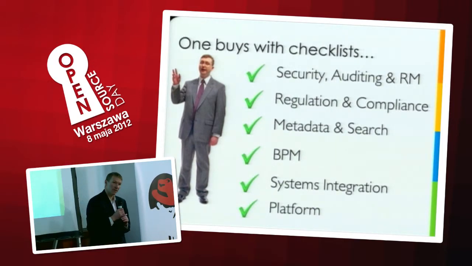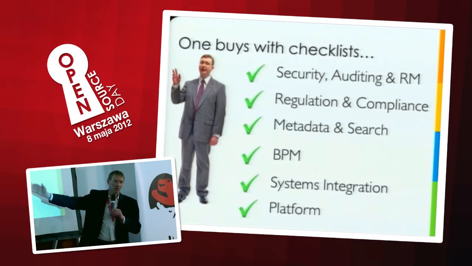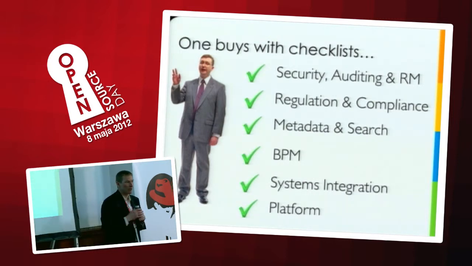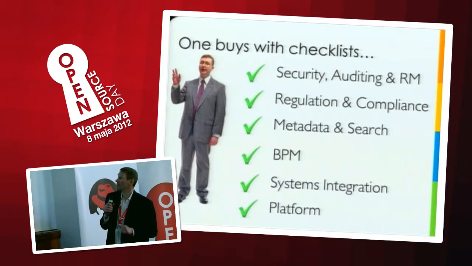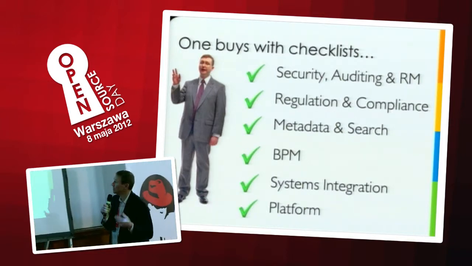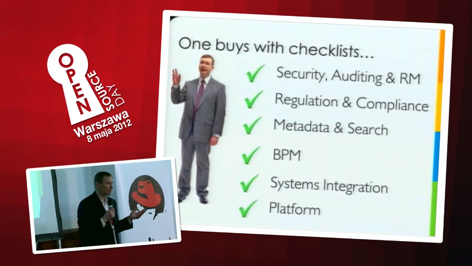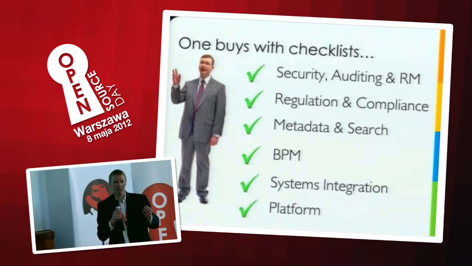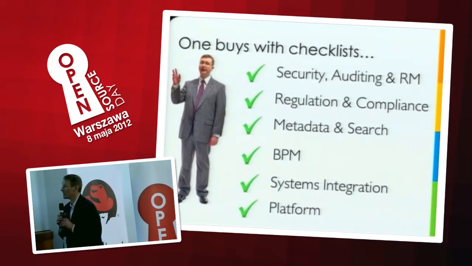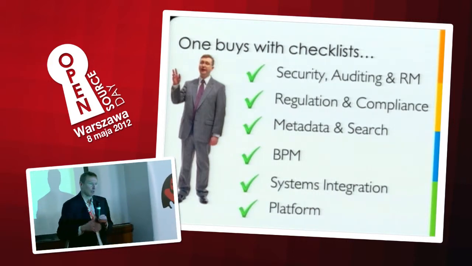If you look at the way CIOs or IT managers buy a product, what do they look at? They look at security, auditing, regulation, things like BPM. Does the user care about BPM? No, it's a process, it's the way you manage things. System integration, the platform on which it's running.